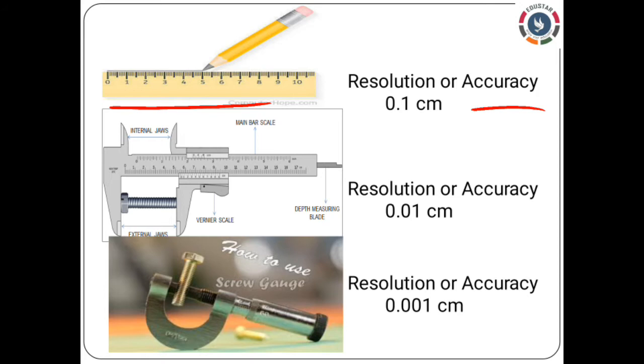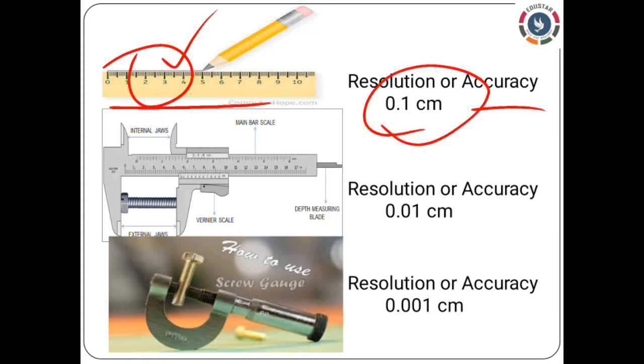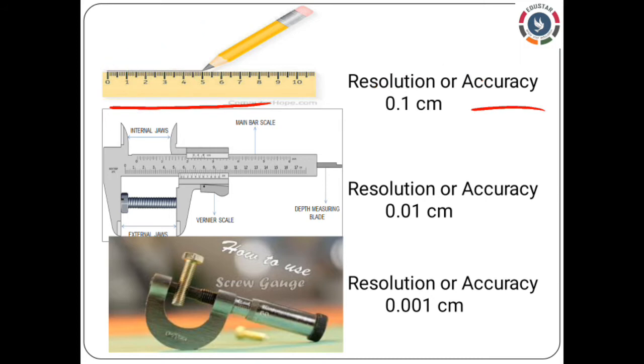In a meter scale each 1 centimeter is divided into 10 divisions, so each division is 1 by 10 centimeter, equal to 0.1 centimeter, that is 1 millimeter. So it is the resolution or accuracy of the meter scale. We can measure any length to an accuracy of 0.1 centimeter.